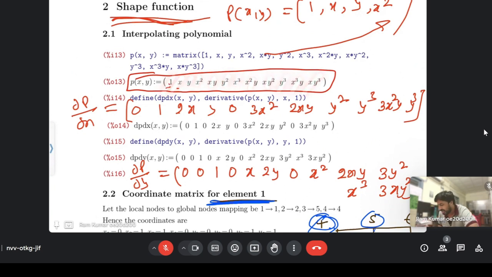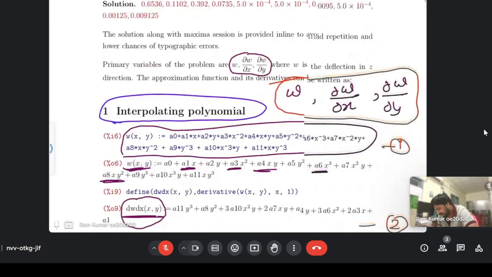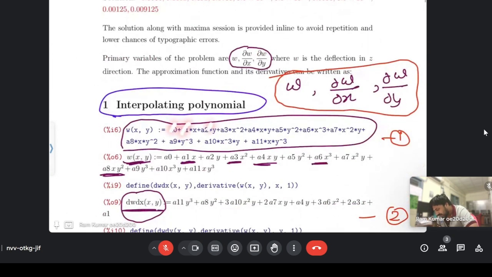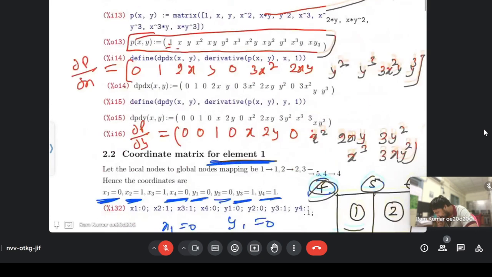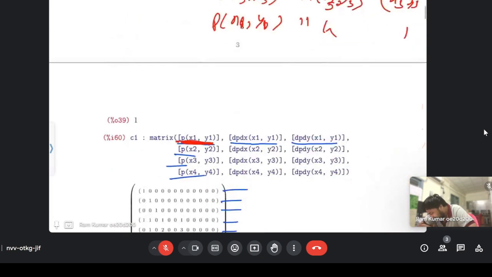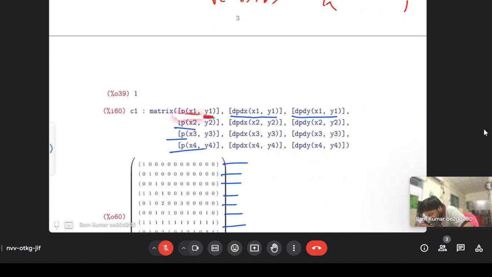Yes, total 12 elements, because our displacement function has 12 terms. Correct, going well. So now, for this element, how many do we have? 12 elements. Okay, I will write here.